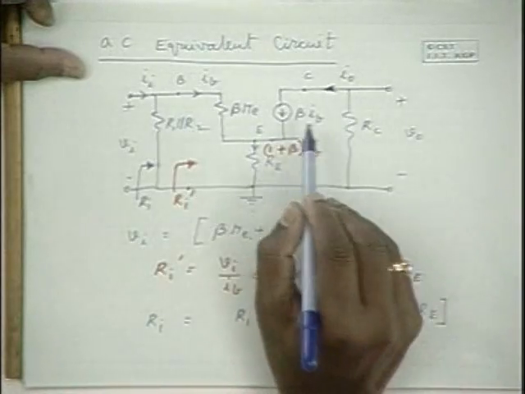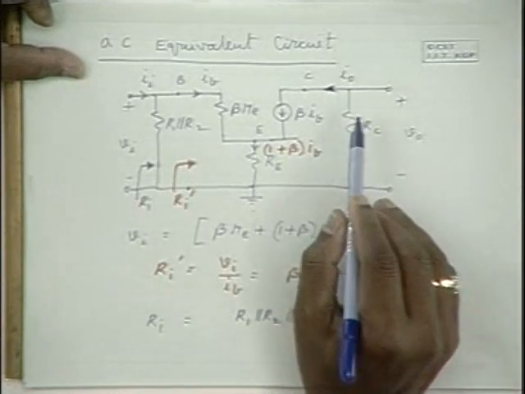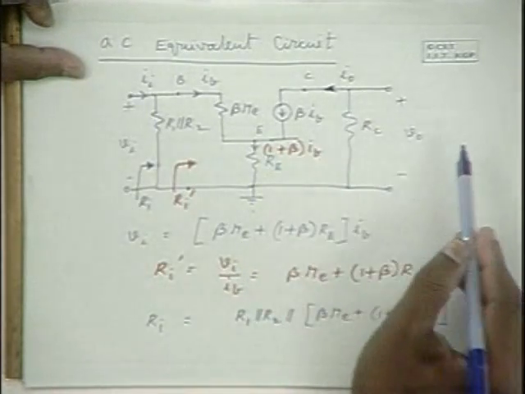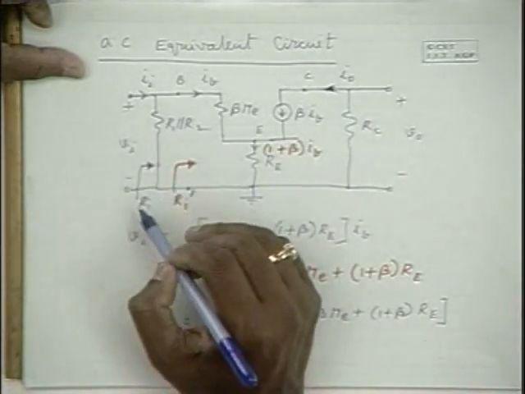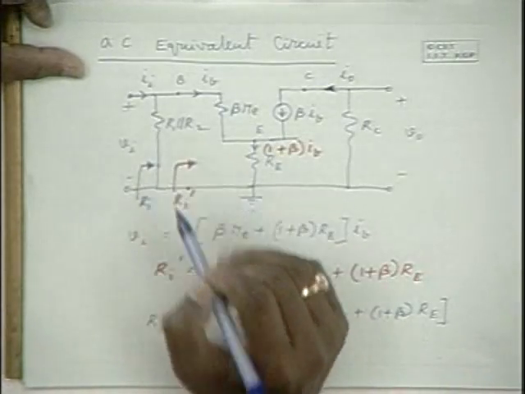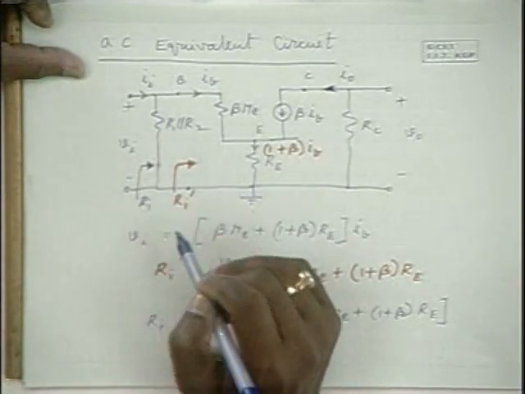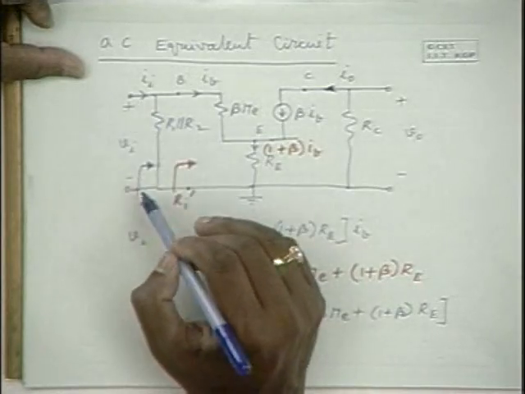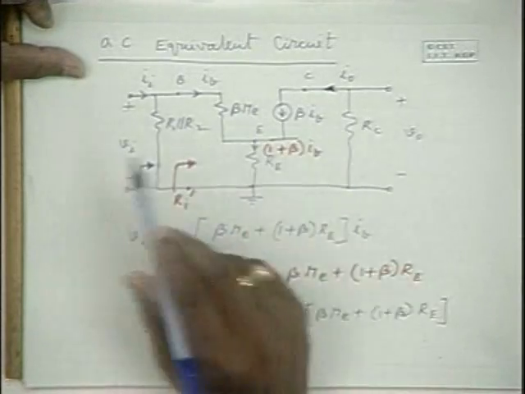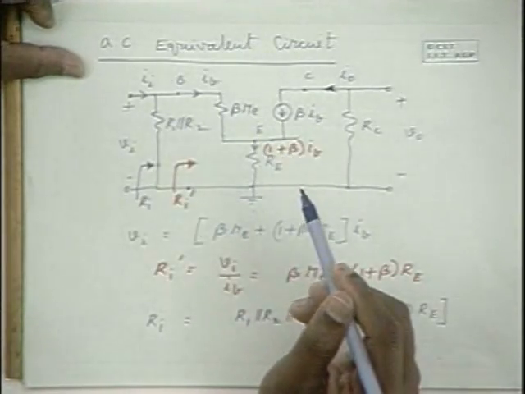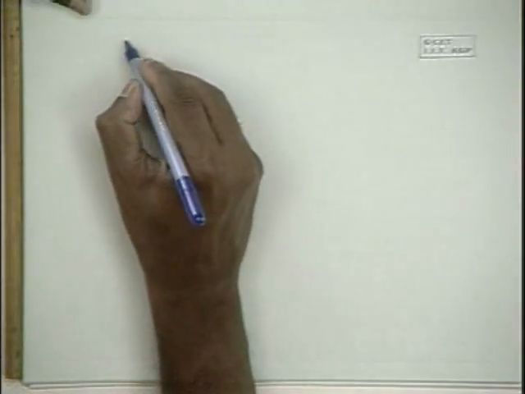The output voltage and current are related by RC: minus I naught into RC is V naught. The input voltage and input current are related by Ri: input voltage Vi is Ii into Ri. Because of these two relationships, you can have a simple relationship between the voltage gain and current gain. So let me give this relationship.